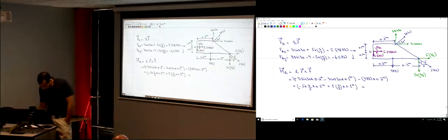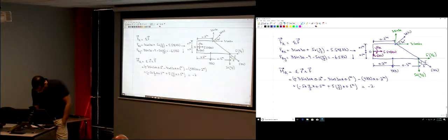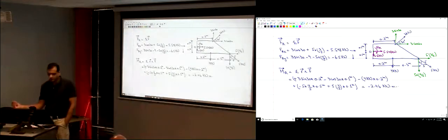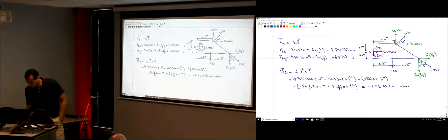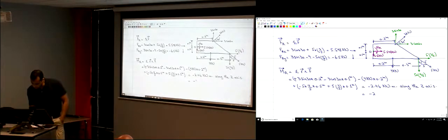That's the resultant moment, okay? It's equal to negative 2.46. What's the units? Kilonewton meters. It's about what axis? Along the z-axis. Or you can call it, if you want, negative 2.46 k.